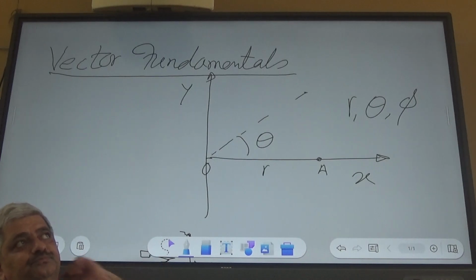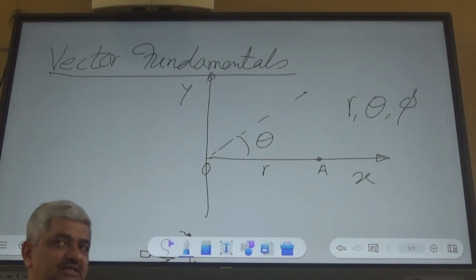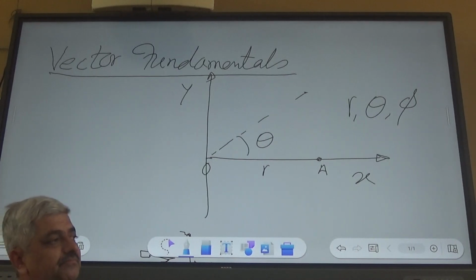Now let us restrict ourselves to the Cartesian plane, the Cartesian coordinate system.